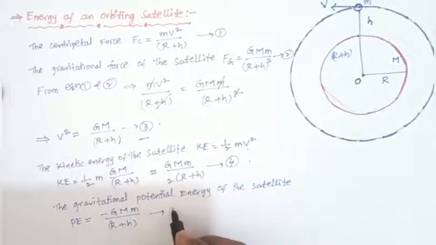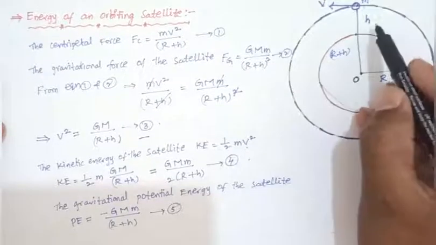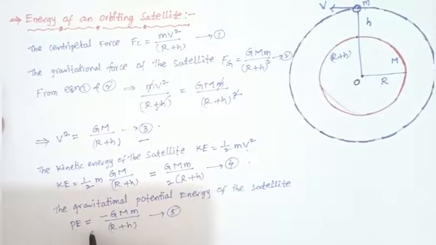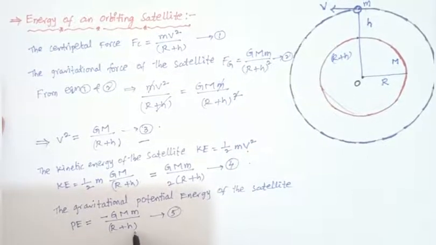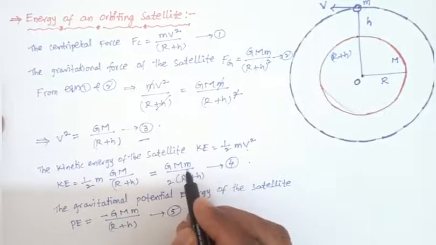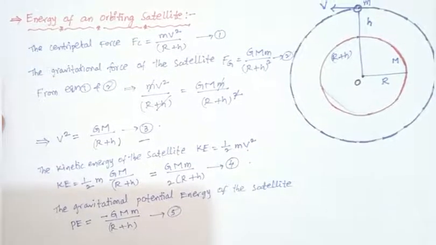So this is equation number 5. The kinetic energy KE equals GMm by 2 into R plus h.